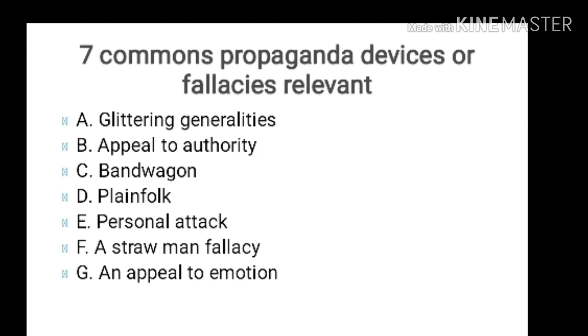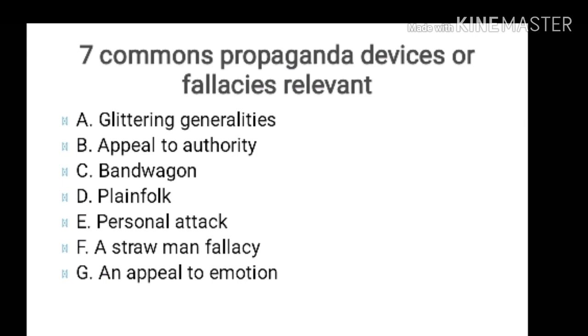Second, appeal to authority or testimonial is the opposite of a personal attack. In this type of irrelevant argument, an individual's testimony is considered proof of the point of view simply because the person is considered an authority.